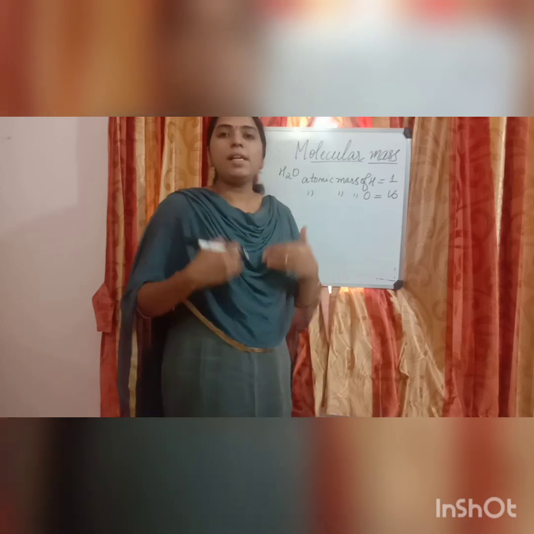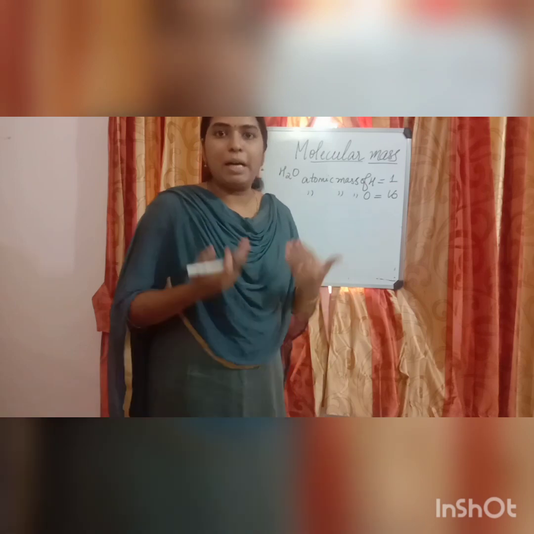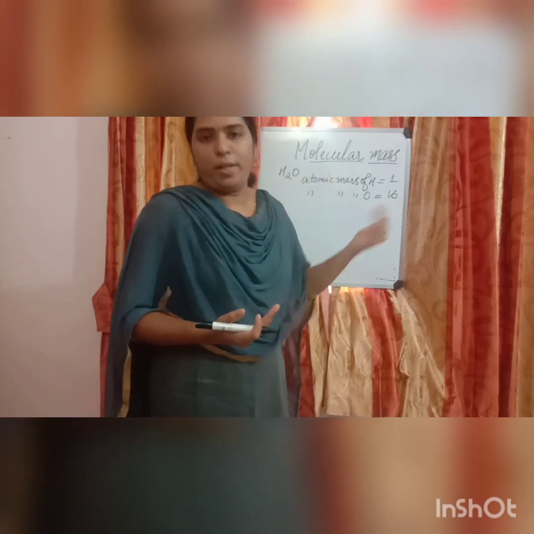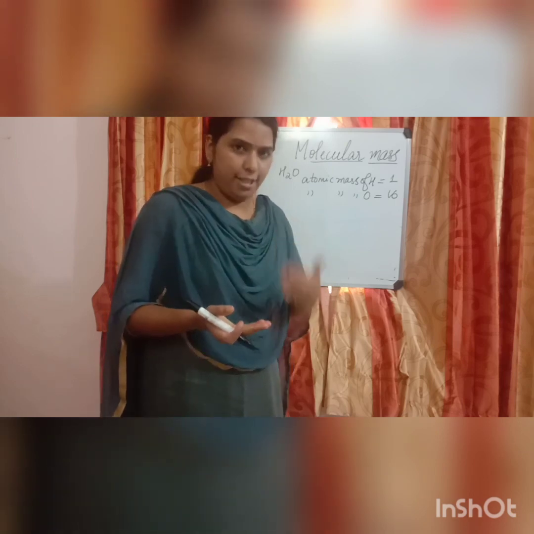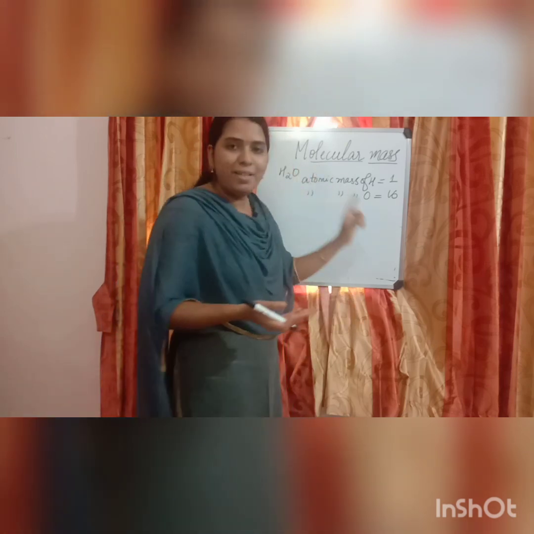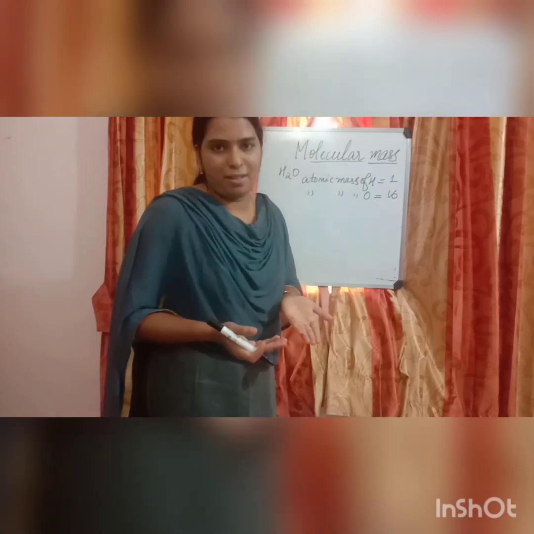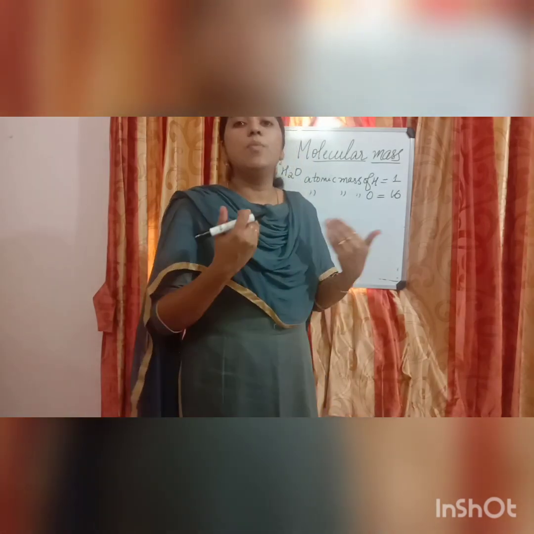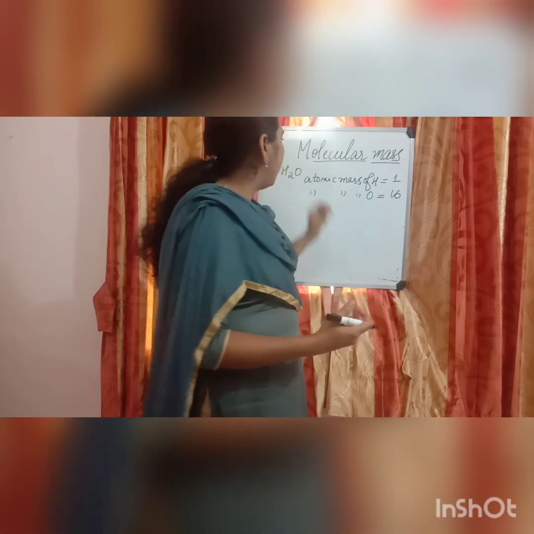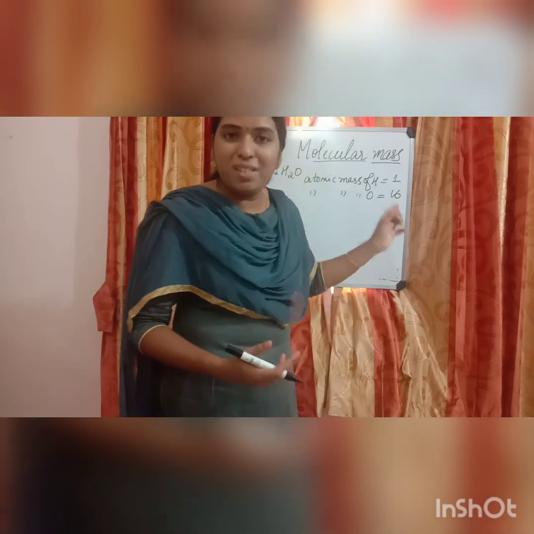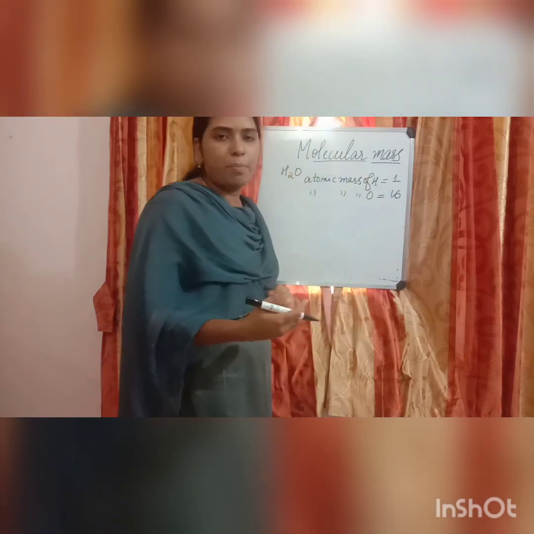Then in the next step, you have to calculate the molecular mass of water. How can you calculate the molecular mass of water? Yes, you want to multiply the number of atoms with their atomic mass. If you want to calculate the molecular mass of water, what you have to do now? First, you want to multiply the hydrogen atoms with its atomic mass.